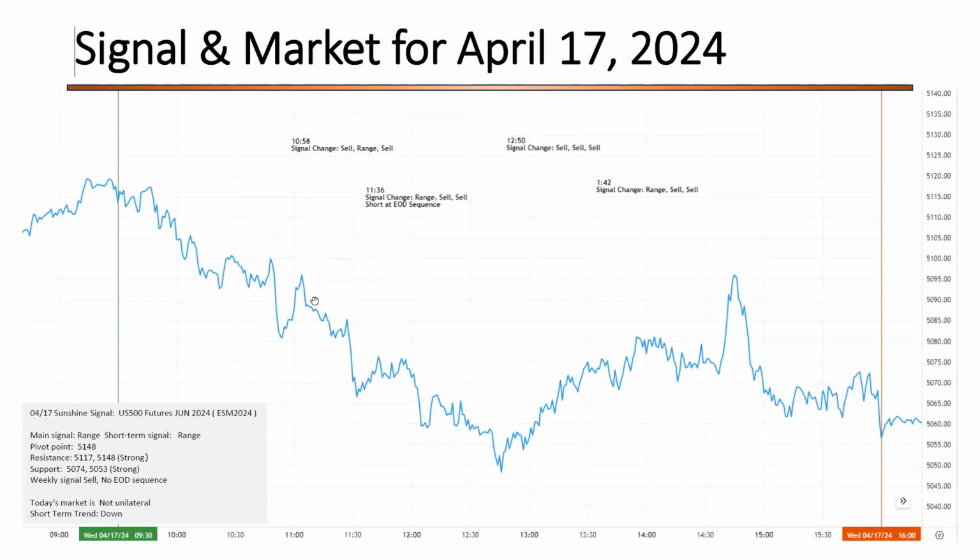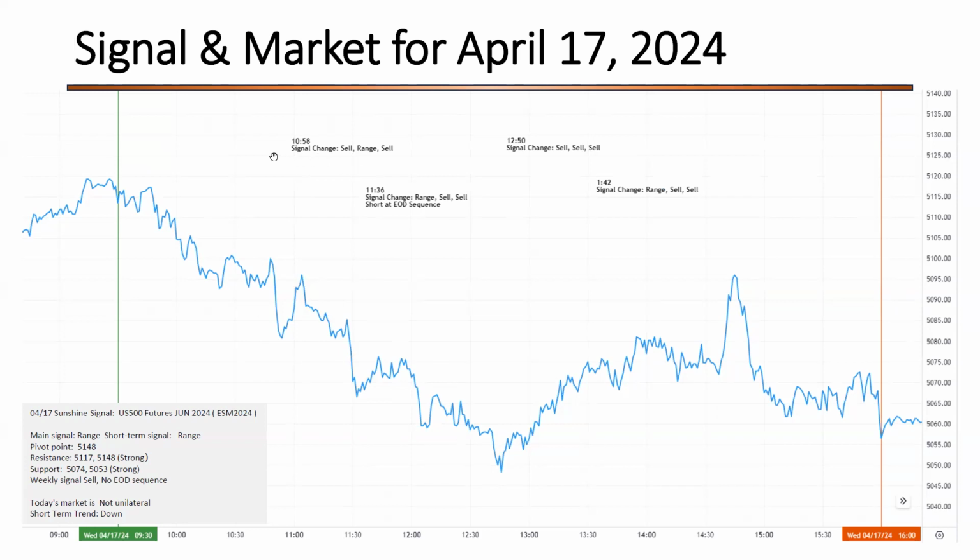Those are our targets. If you held onto your shorts, you exit a portion in this initial drop, and for the rest you would be targeting these additional support levels, and then you just trail your stops. And as you can see, we hit both of these targets at around midday.